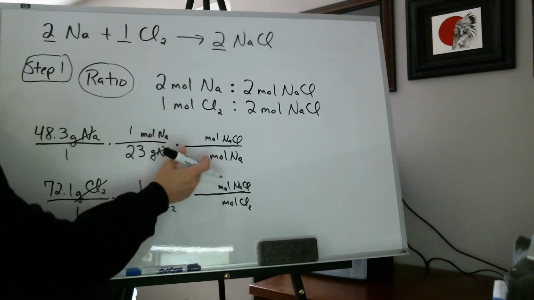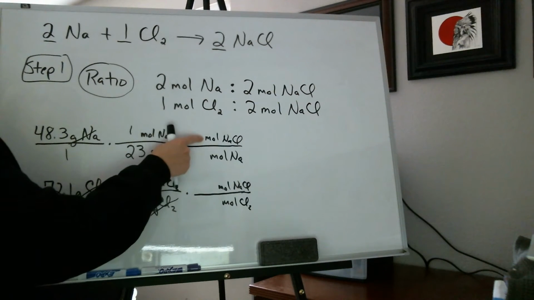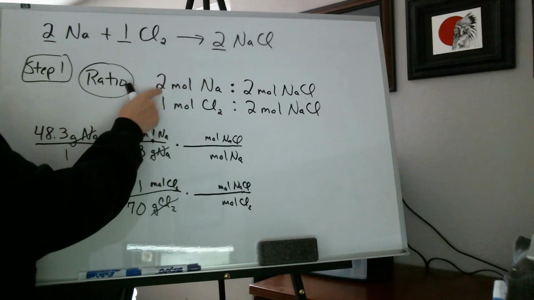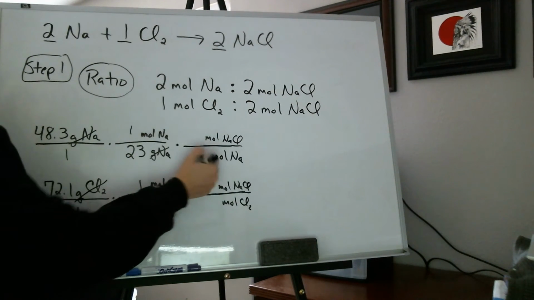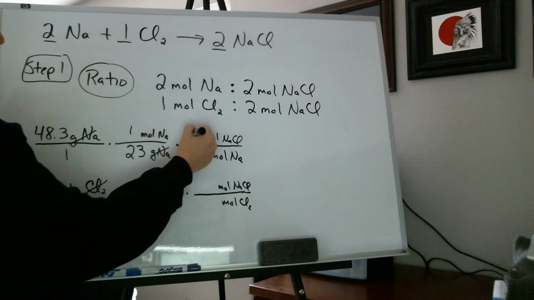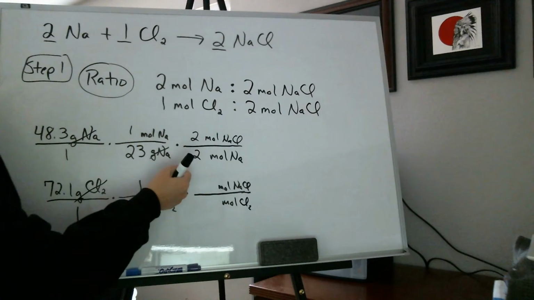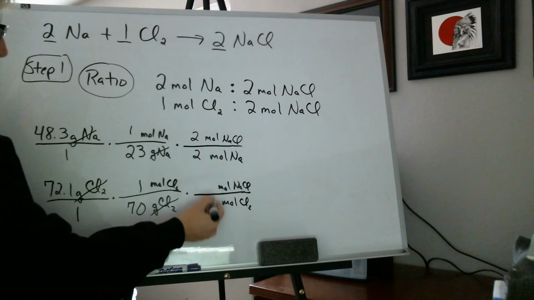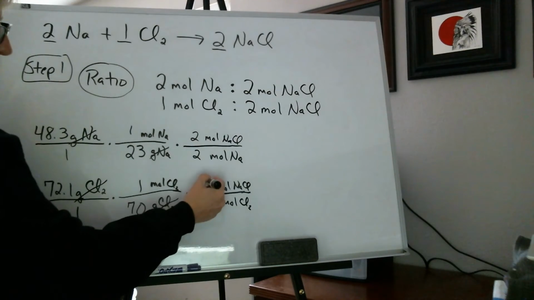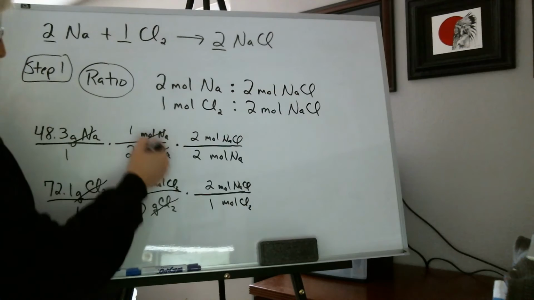That's all this is. So I'm looking for the ratio of moles of sodium to moles of sodium chloride. My ratio is 2 moles of sodium and 2 moles of sodium chloride. And my ratio with chlorine is 1 mole of chlorine and 2 moles of sodium chloride. So my moles cancel.